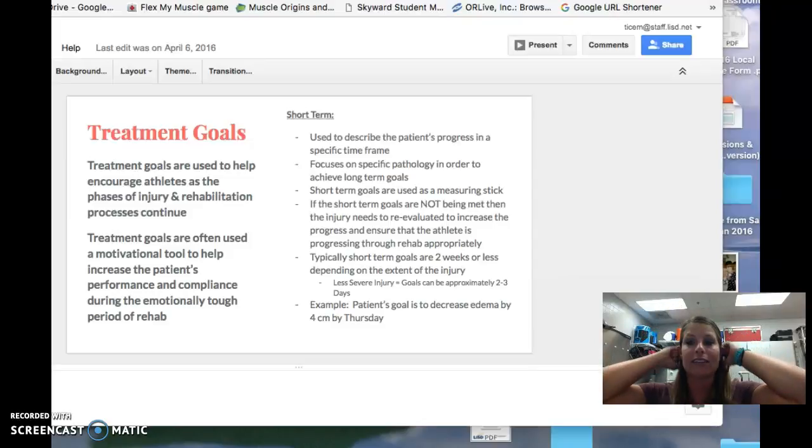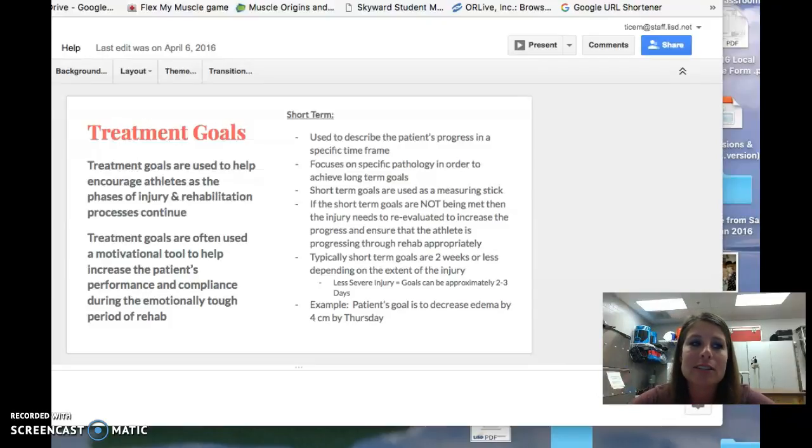You can either lengthen the time that they have to complete it. So, okay, we didn't reach that goal by Thursday, but maybe when we come back on Monday, we're going to check again and give them a longer time. Some people also choose to decrease the goal, like 3 centimeters instead of 4. But I really don't like that.